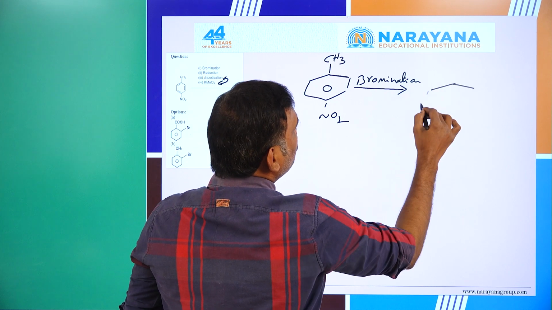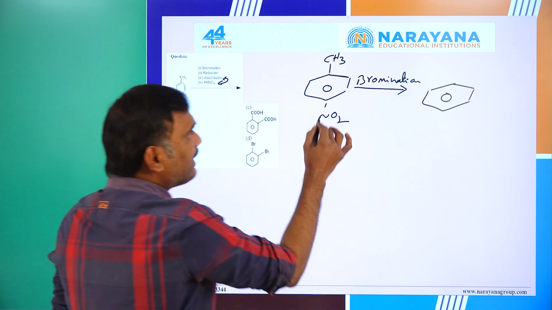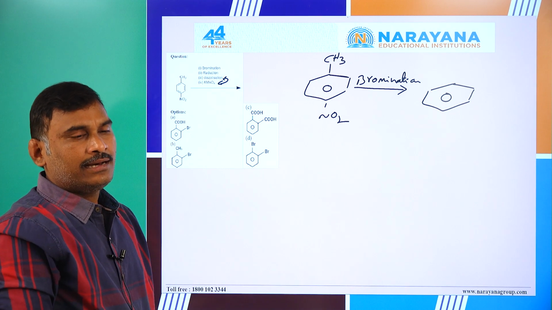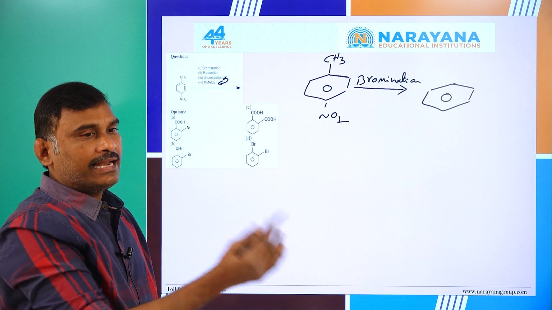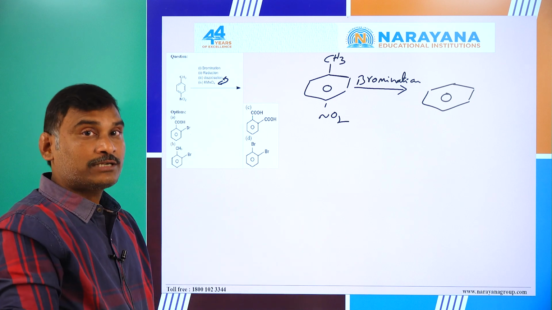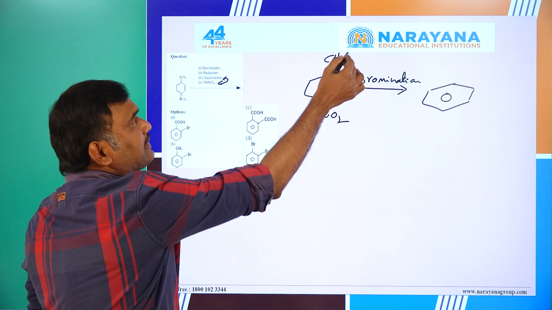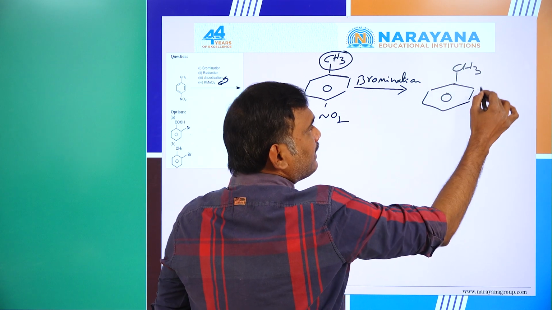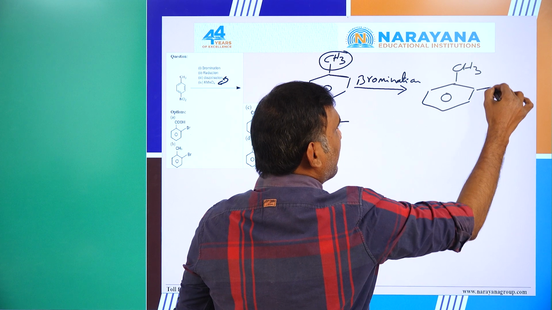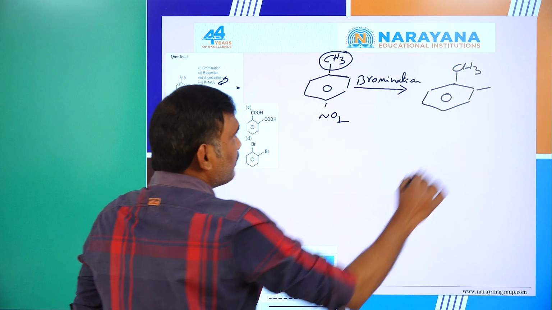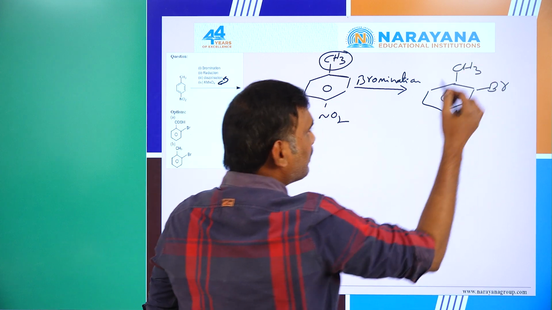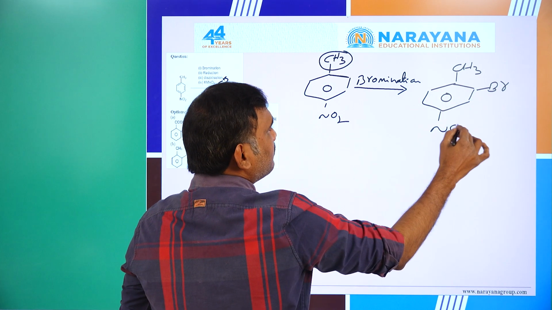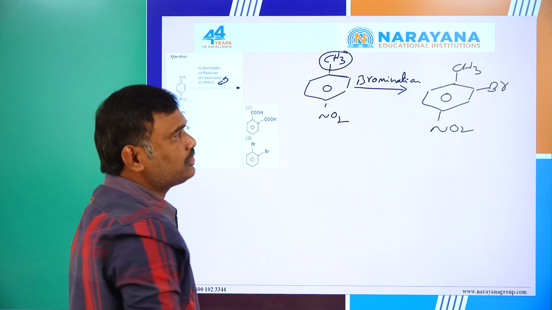There are two groups on the benzene: one is a withdrawing group, another is a donating group. Whenever two different groups are present on a disubstituted benzene, electrophilic substitution takes place with respect to the ring activating group, that is, the donating group. The donating group allows the incoming electrophile to the para or ortho position. Para is already blocked, so it comes to sit on the ortho position.